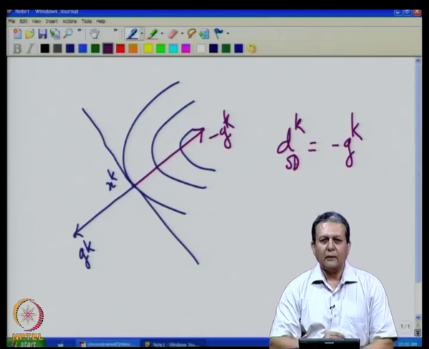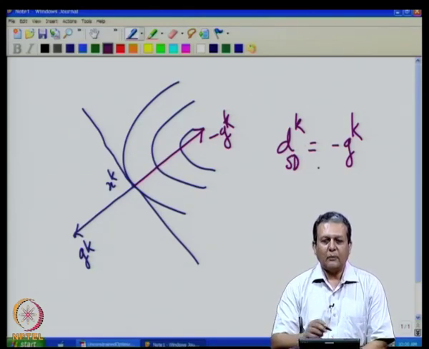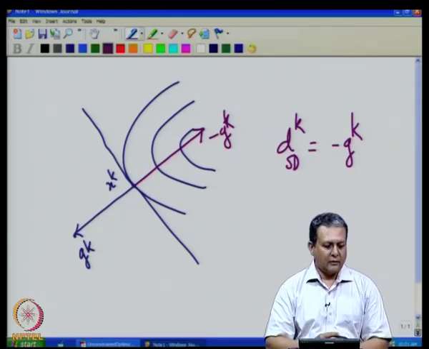We will denote it by a subscript SD. At the kth iteration, the steepest descent direction is nothing but the negative of the gradient direction. Then along that direction, if we use line search, we have the steepest descent algorithm with line search.